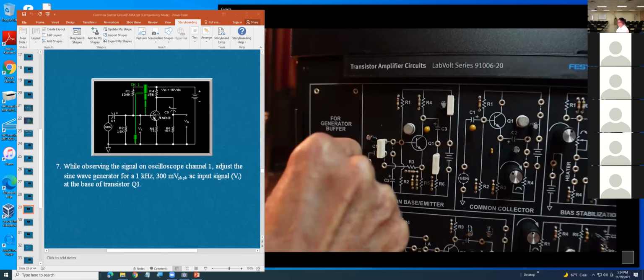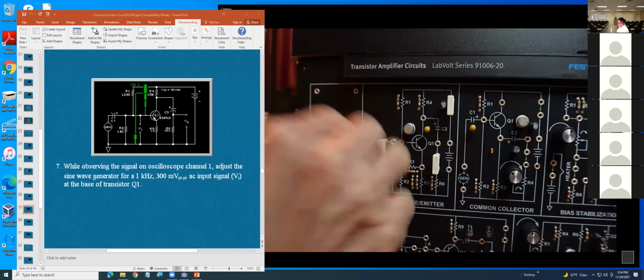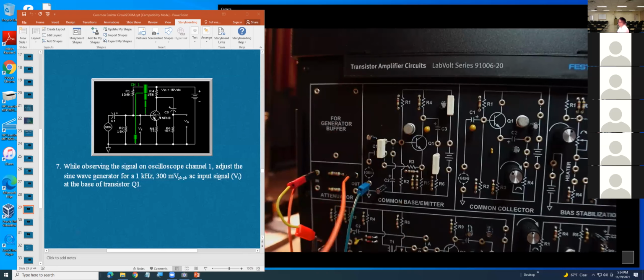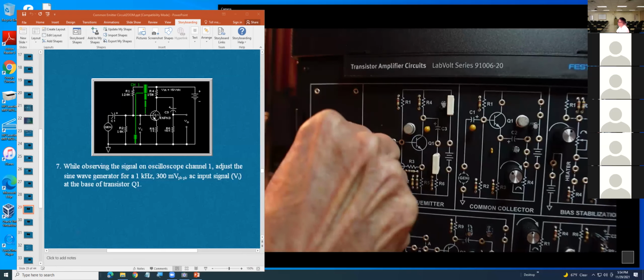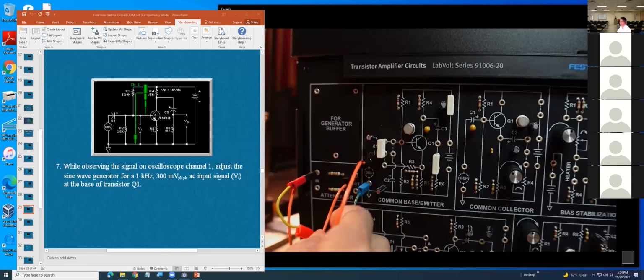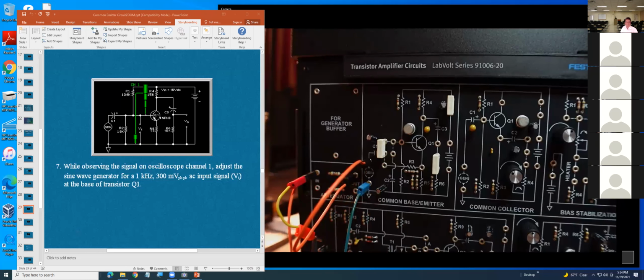So you connect the generator output to the input of the attenuator, and the output of the attenuator connects to the generator input of your circuit, so you can get a very small voltage, millivolt peak to peak.